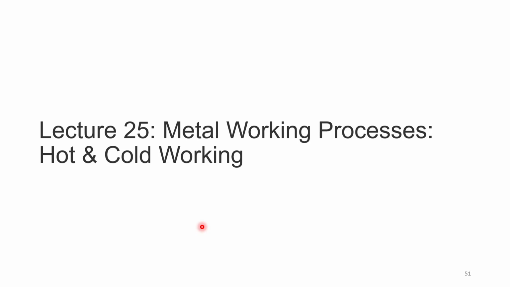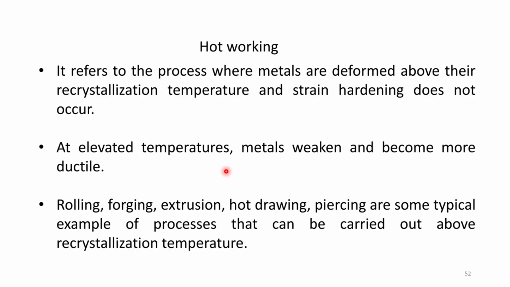Next we have metal working processes: hot and cold working. First we have hot working. It refers to a process where metals are deformed above their recrystallization temperature. As I told earlier, recrystallization temperature means where the formation of new crystallites will start.